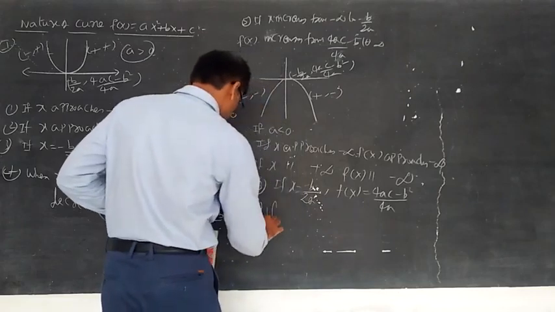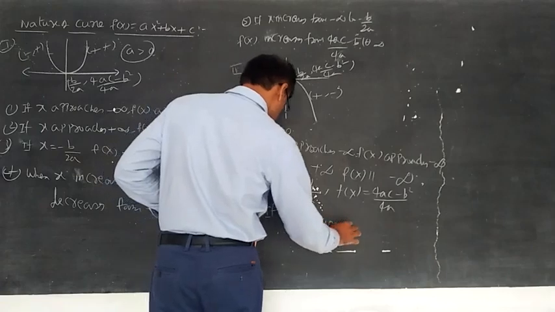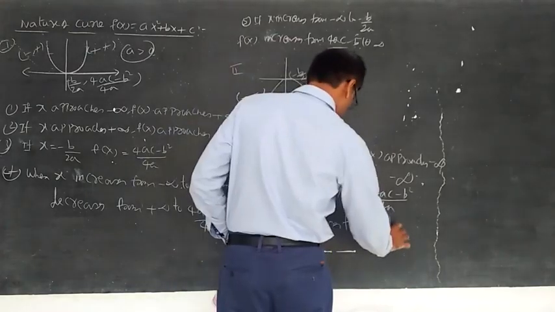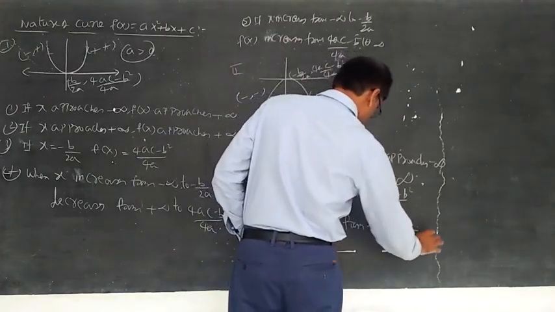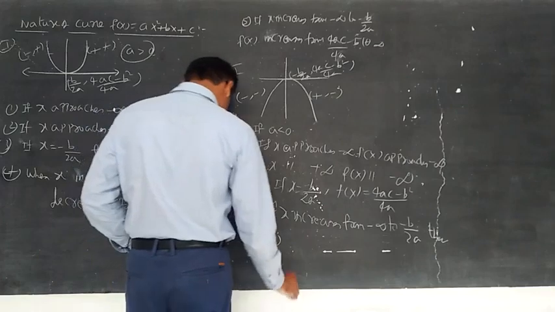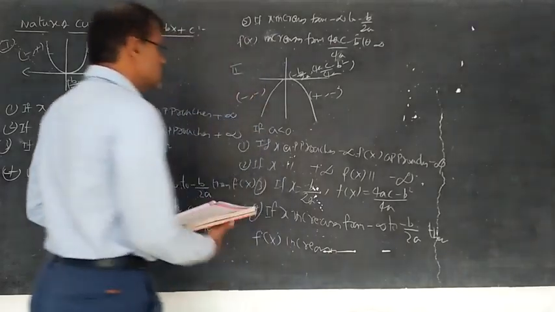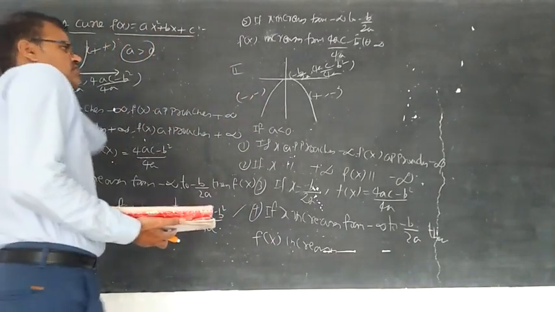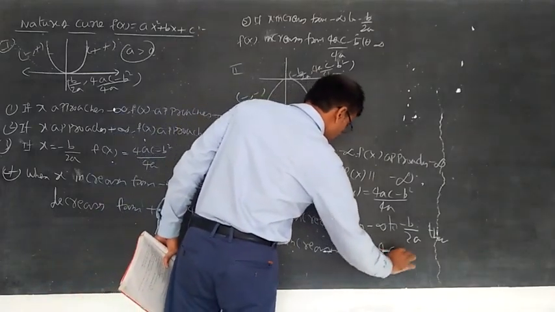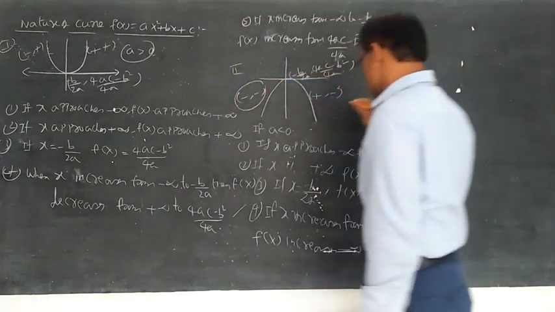If x increases from minus infinity to minus b by 2a, then f of x increases from minus infinity to 4ac minus b square by 4a. Try to understand minus concept.